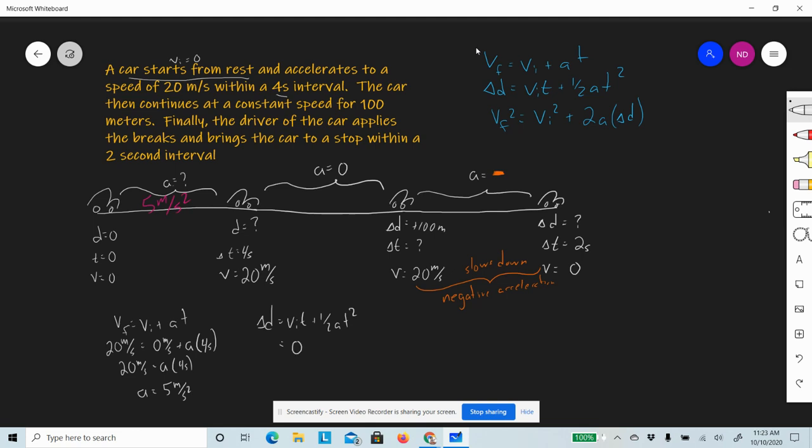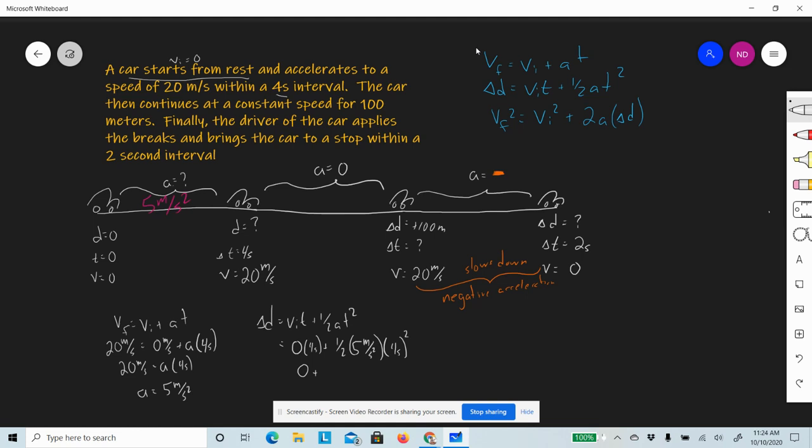Vi was 0 times time, which was 4 seconds, plus 1/2 times acceleration, which we now figured out was 5 meters per second squared, times time squared, 4 seconds squared. Do the arithmetic. 0 plus, 4 squared is 16. 16 times 5 is 80. 80 times 1/2 is 40.